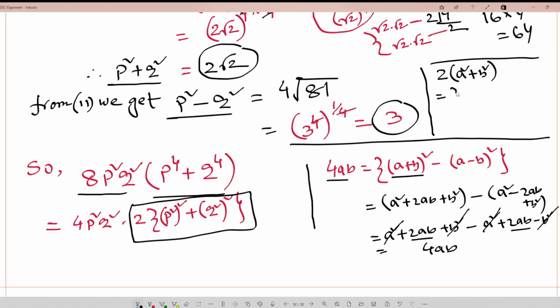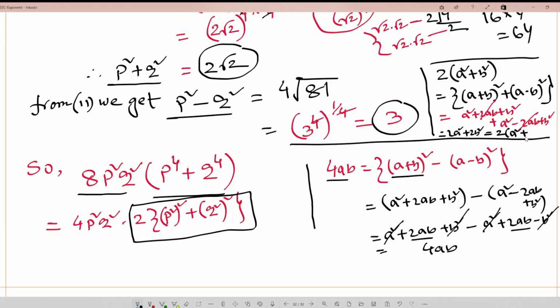It means (a + b)² + (a − b)². Once we simplify this, plus 2ab and minus 2ab cancel out, and a² becomes 2a², like a² + 2ab + b² and plus a² − 2ab + b². So the answer will be 2a² + 2b², where we can take common 2: a² + b².